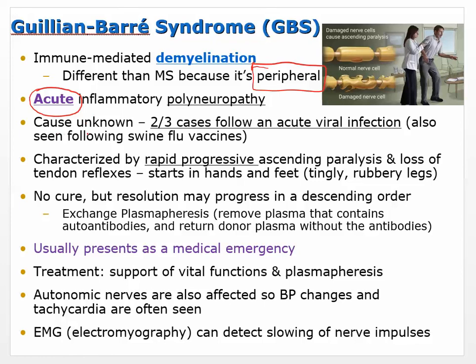And the cause is really unknown, that's for sure. But two thirds of the cases follow an acute viral infection.